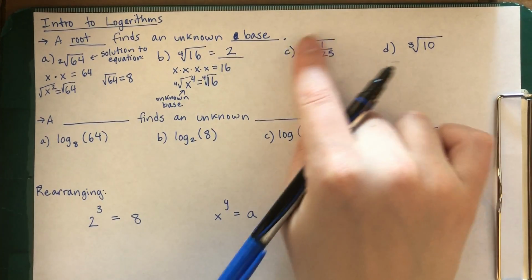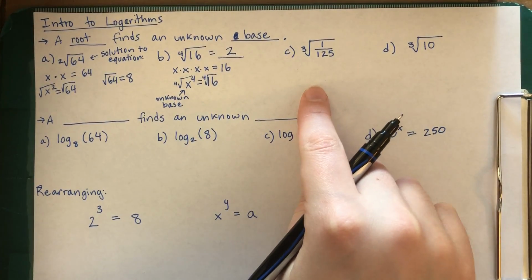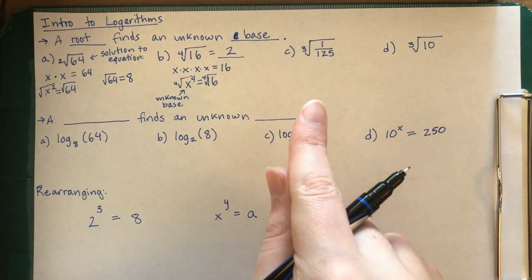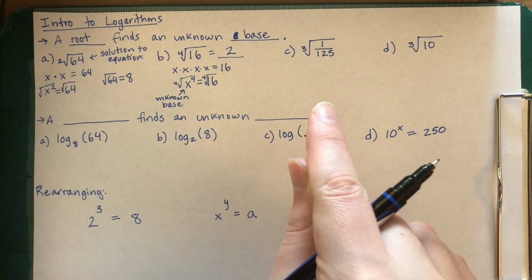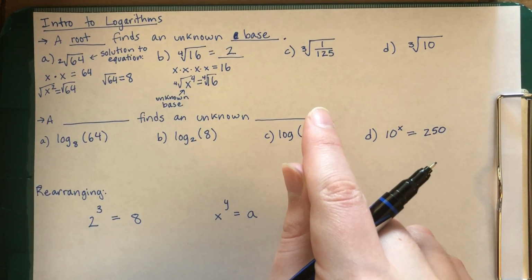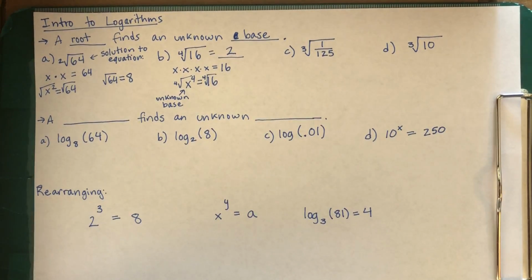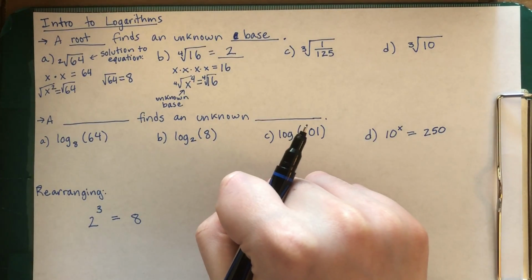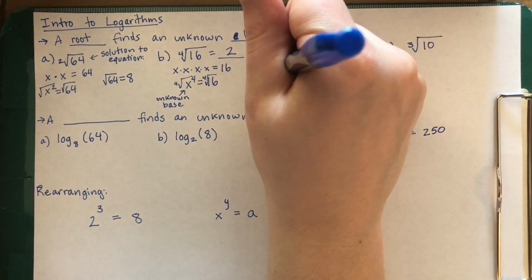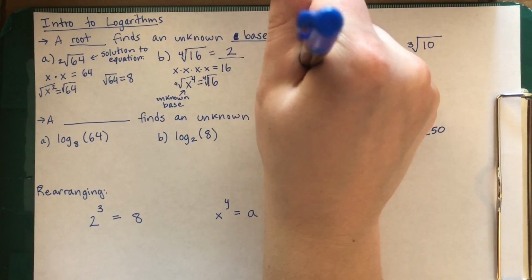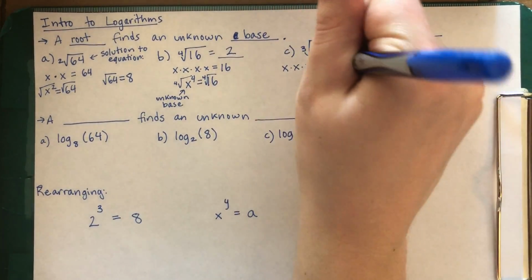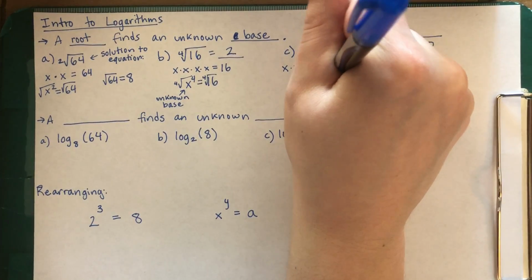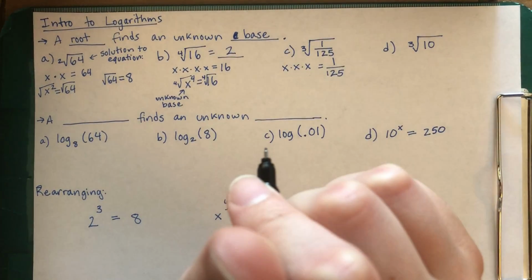What about when we have a fraction like this? It still can work the same way. We want to think about what number times itself 3 times would give me this answer. So I could think about it as x times x times x should equal 1 over 125.